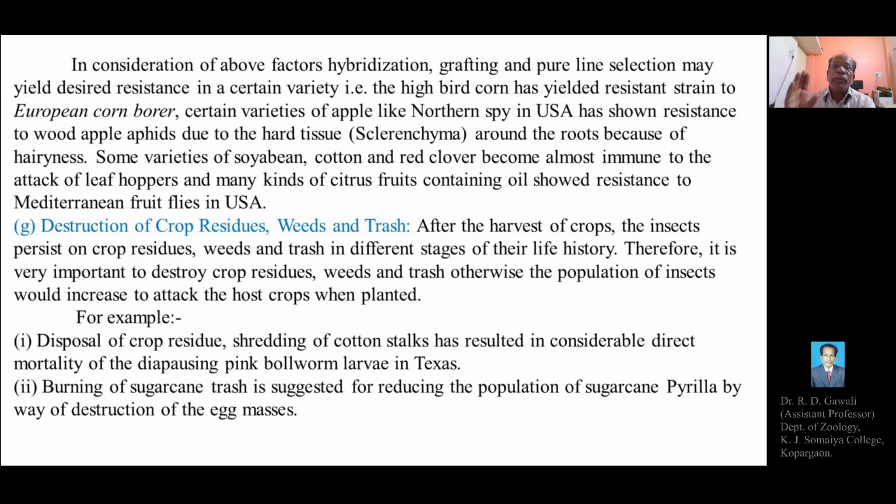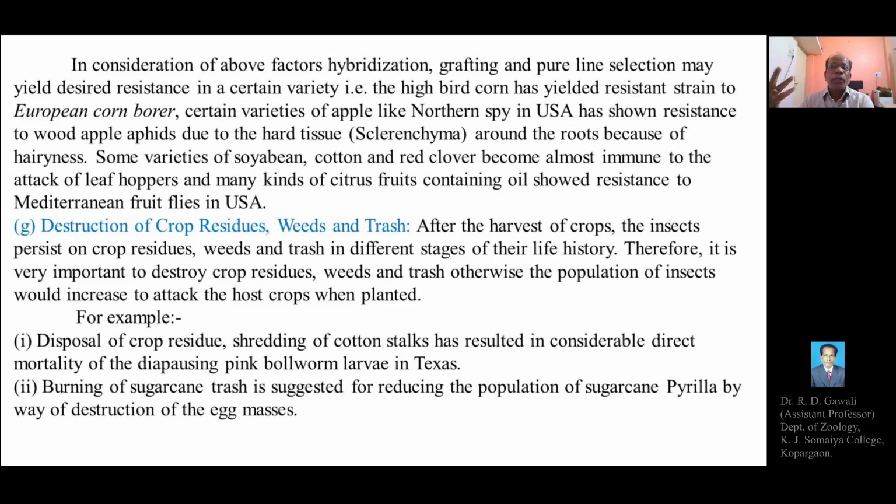So as to eliminate these stages of the different pests, egg, larvae, pupae or adult in a dormant form should be killed or eliminated, and this can be done by the destruction or removal of crop residues, weeds and trash.